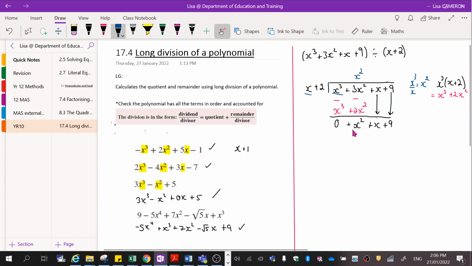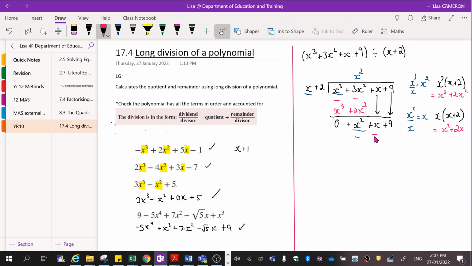Okay, and now we repeat the process again. So again, the leading term of the polynomial that's remaining divided by the leading term of this polynomial. So that's going to be x squared over x is equal to x. Then I'm going to work out what would have to be taken away from this expression if that was true. So x multiplied by x plus 2 is going to be equal to x squared plus 2x.